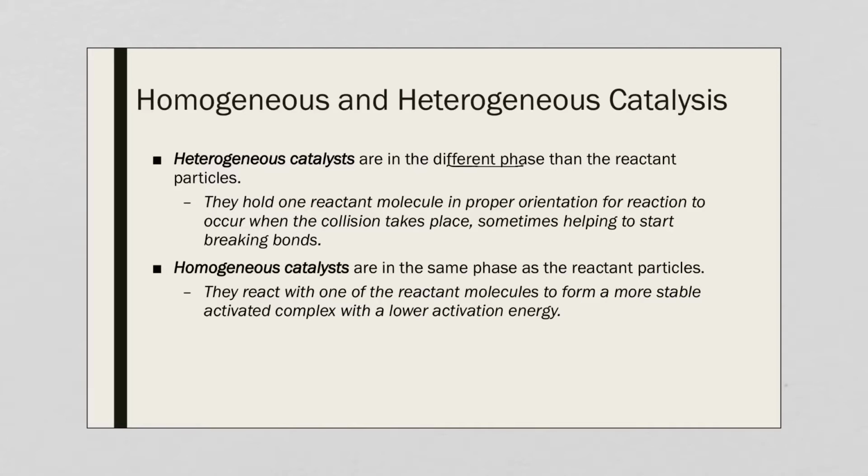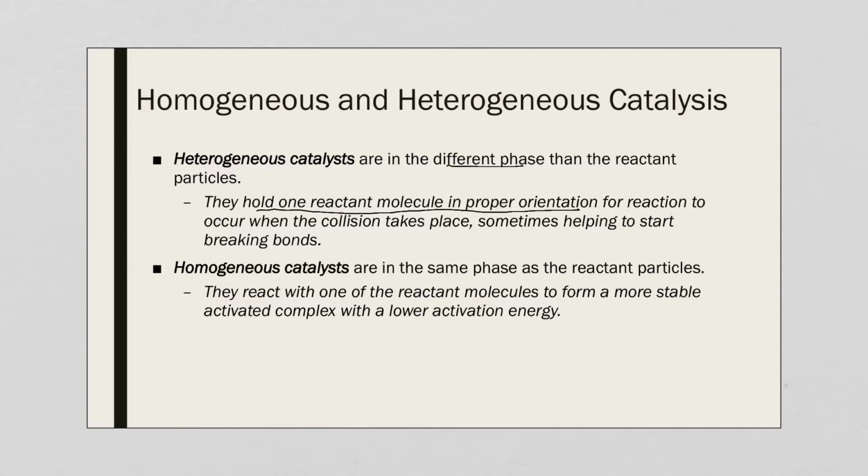Now, typically, these heterogeneous catalysts work by holding a reactant molecule in a proper orientation. So most of the time, what we see here is that we have a solid state catalyst and the reactant molecules attach to that catalyst.